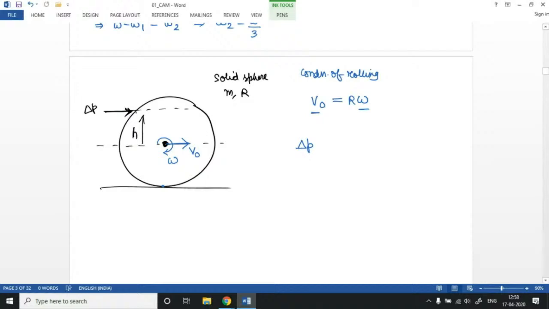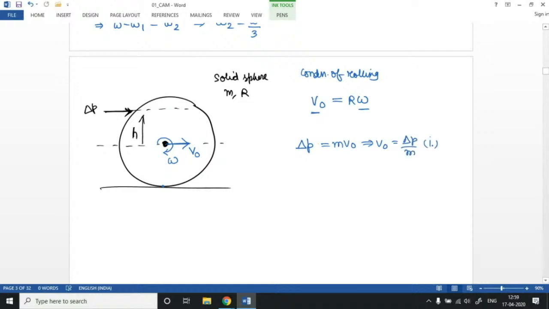But the direction of delta p is horizontal, so the normal force here will not be impulsive, so friction will not be impulsive either. So although friction might be acting, it will not produce any change in linear momentum during this small interval of time when the sphere has been hit by a cue. So delta p is nothing but m times v naught. So v naught is delta p by m, that is equation number 1.